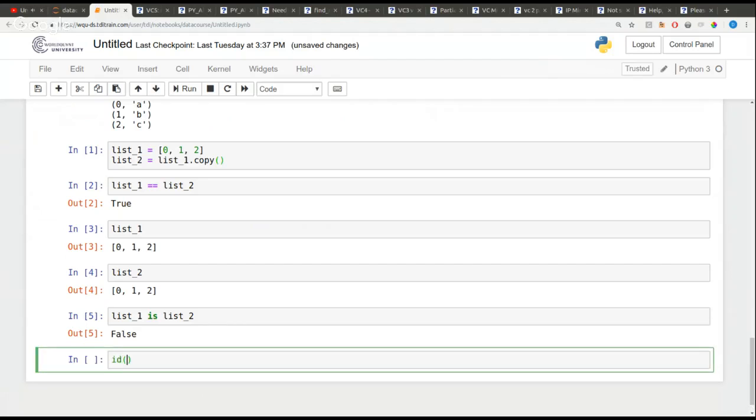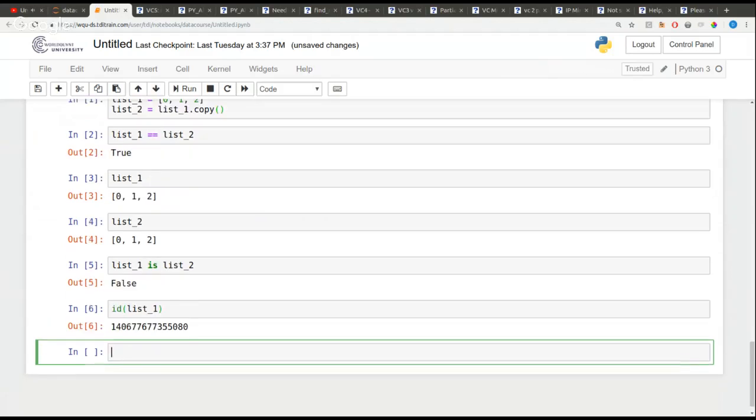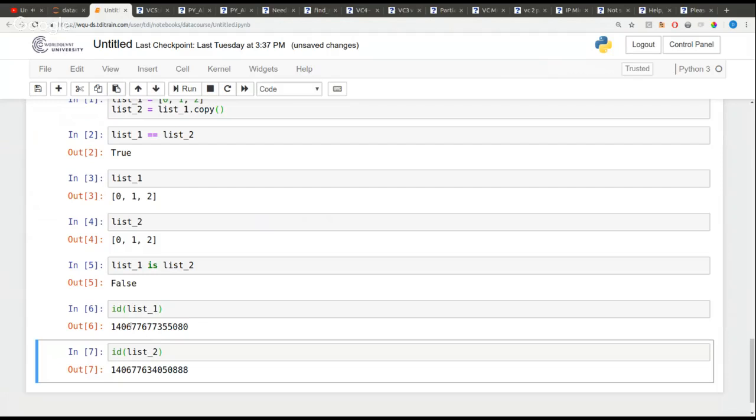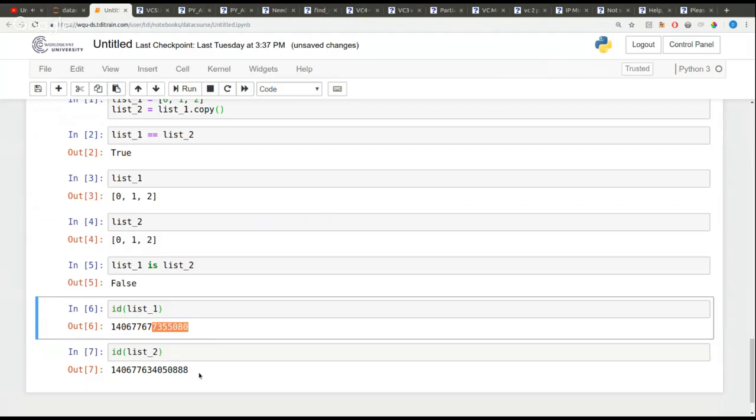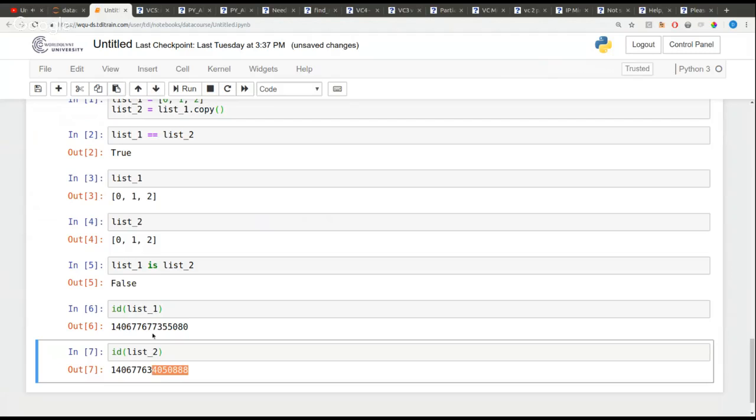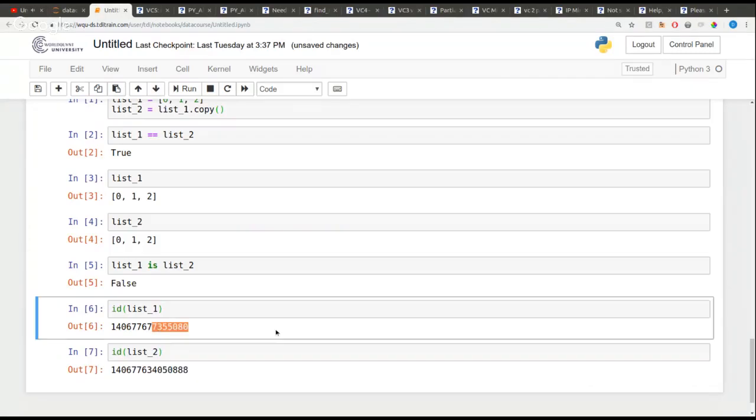And I can see this by doing ID list 1 and ID list 2. And we can see these IDs are different. The ID is sort of like, it's related to where the object is stored in memory.